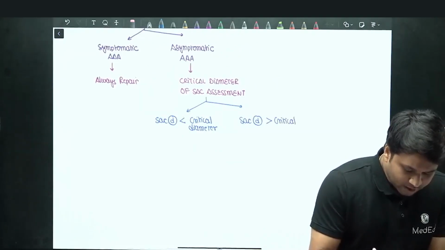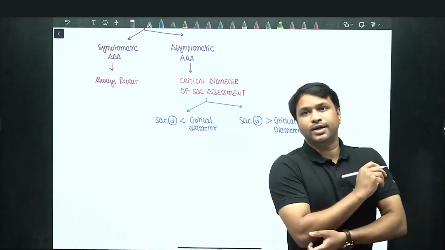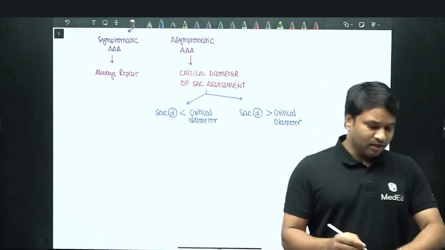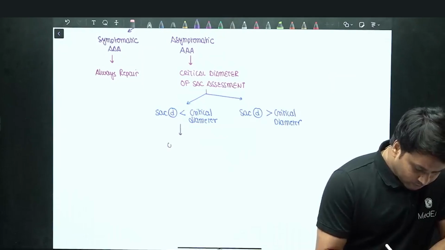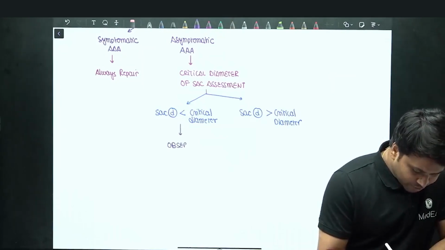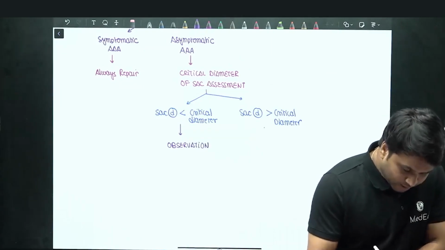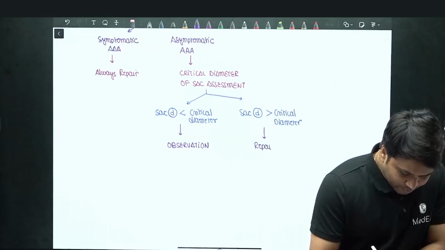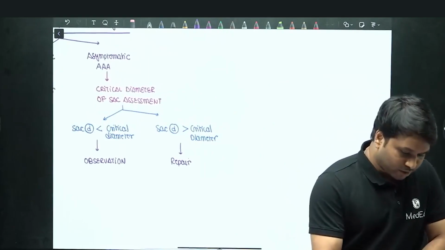If the sac diameter is less than the critical diameter, then it says observation. If it is more than the critical diameter, then we have to plan for repair.